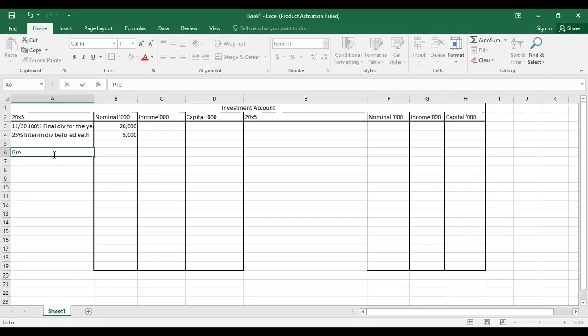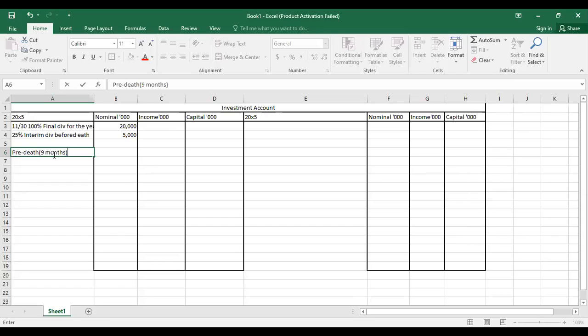So what does that give us? What figure are we placing in the capital column? So this will be 9 months. What is that giving us? 15,000.